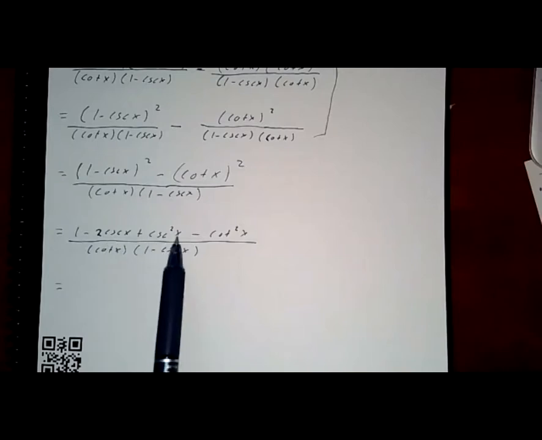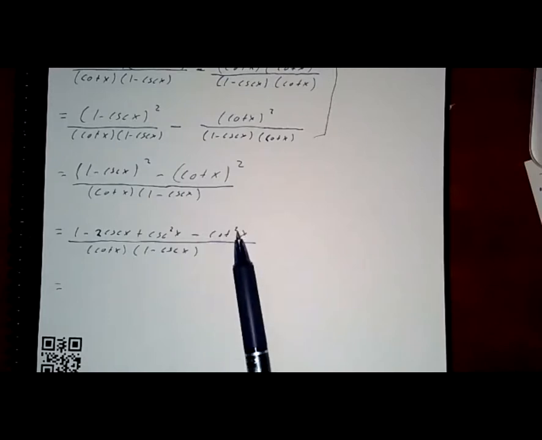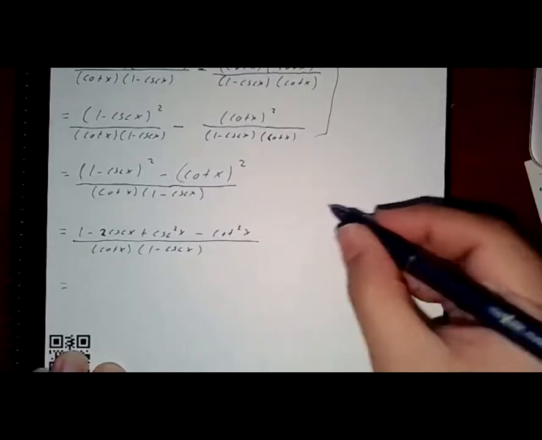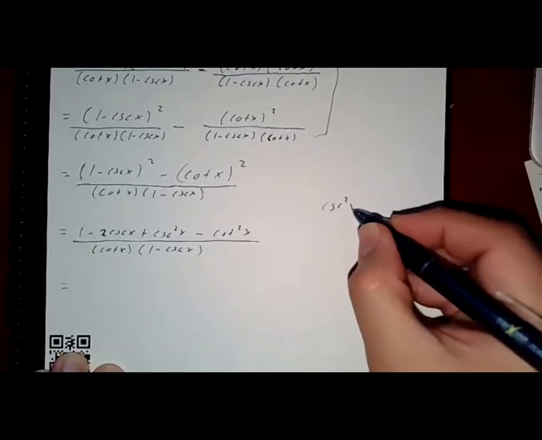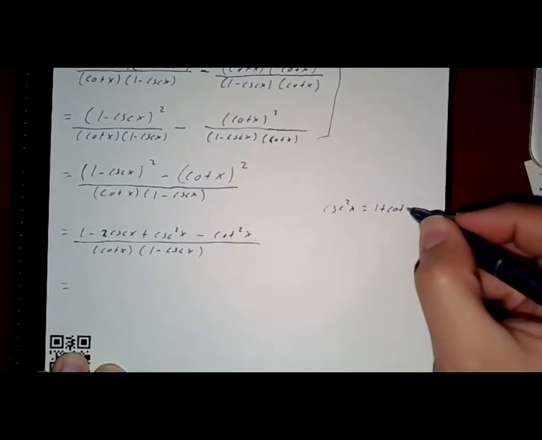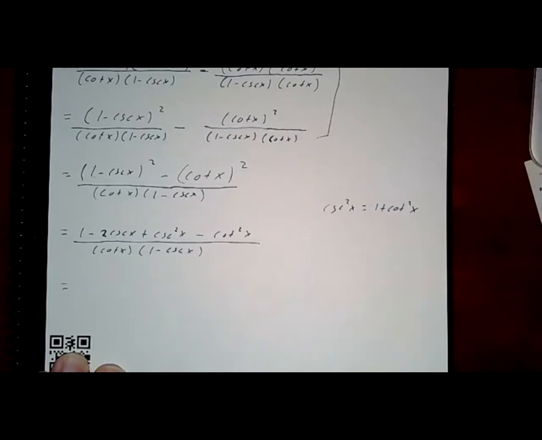Okay, so this looks complicated, so we need to make this into a cosecant. So in the identity, what is cotangent squared equal to? One plus cotangent squared equals cosecant squared. We have 1 minus.